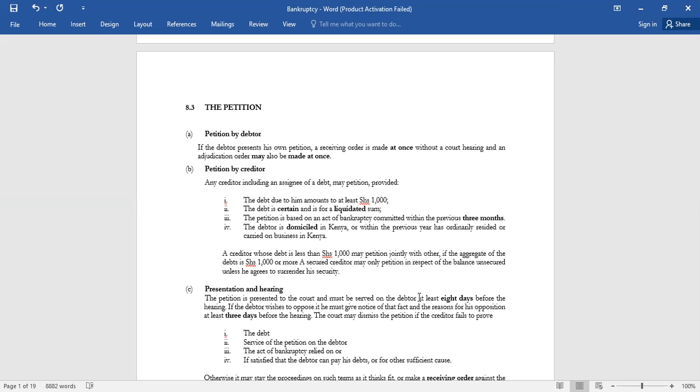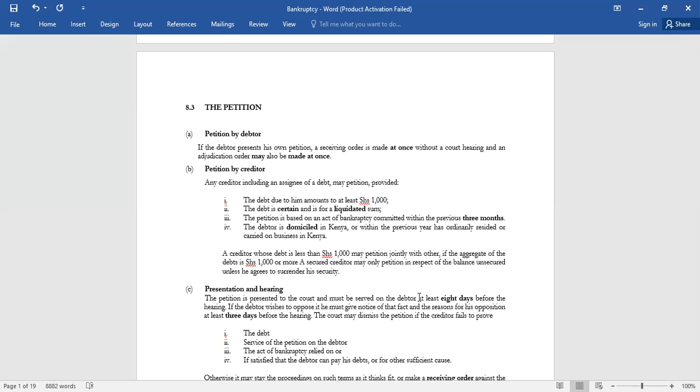In other words, you've ascertained that the debt amounts to 1,000, and this can be liquidated. And 3, the petition is based on an act of bankruptcy committed within the previous 3 months. And lastly, the debtor is domiciled in Kenya. You have to meet these conditions.